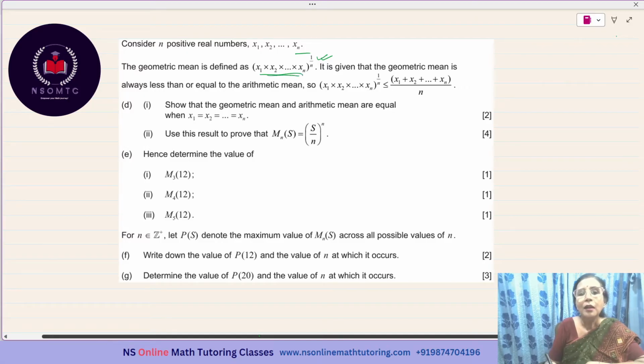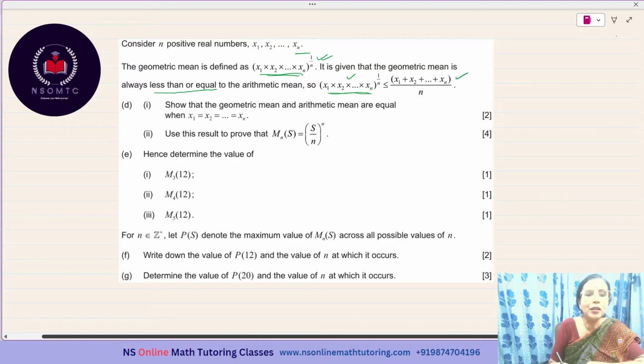It is given that the geometric mean is always less than or equal to the arithmetic mean. So, the nth root of the product of these n positive real numbers is less than or equal to the summation of these n positive real numbers divided by the number of numbers, that is n. So, this one is the geometric mean and this one is the arithmetic mean.